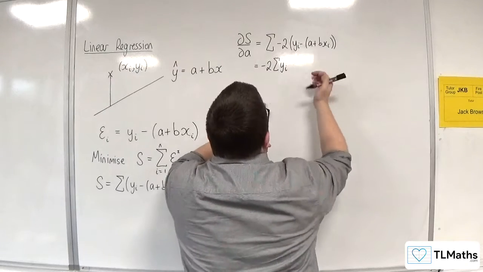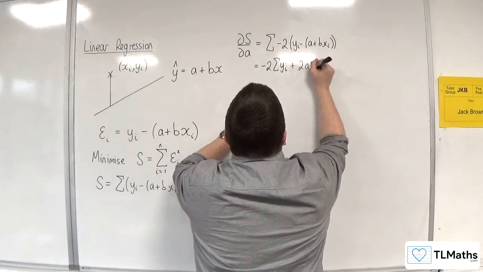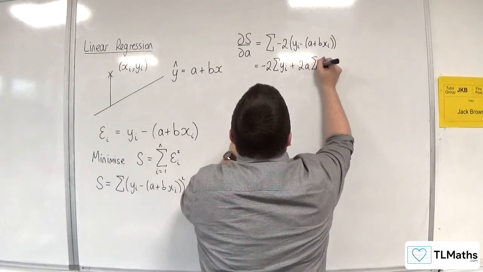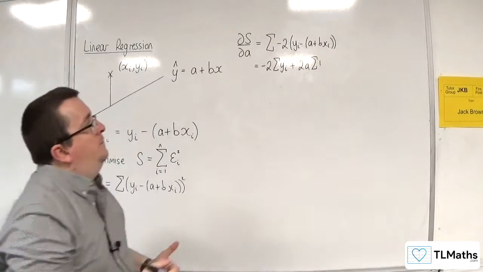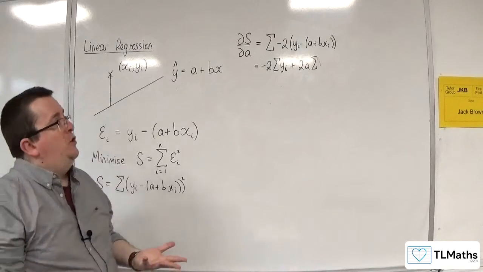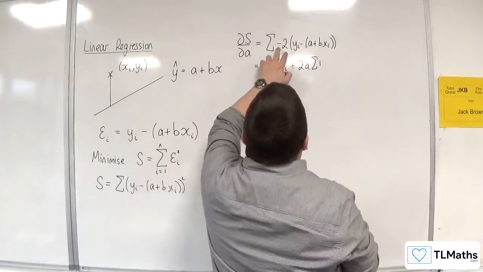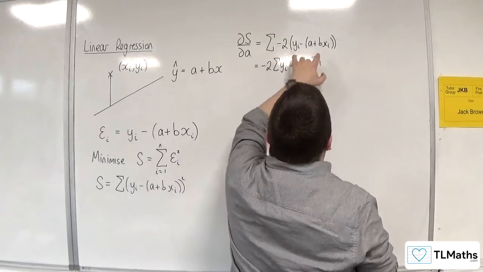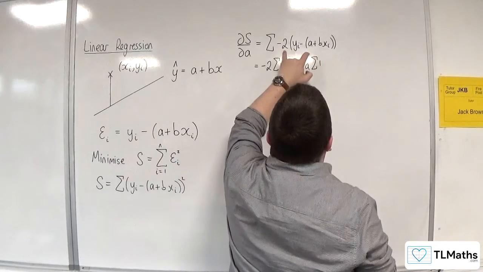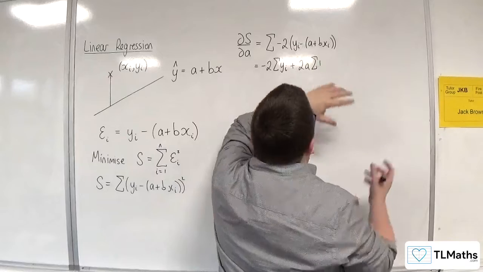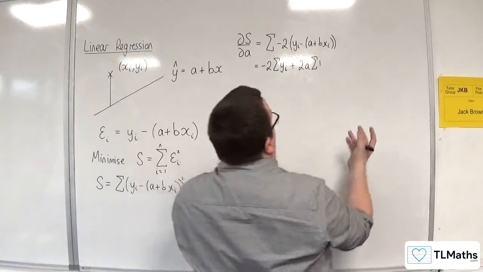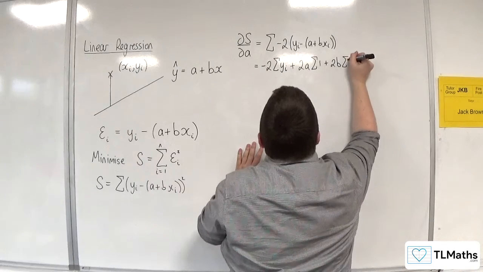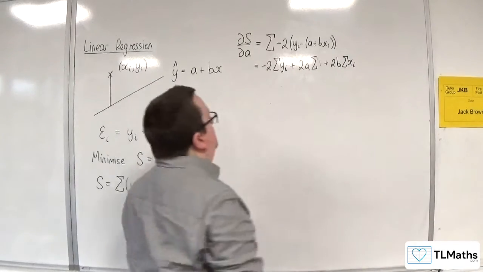And because nothing there has xi or yi involved, I can just have the sum of 1. So 2a times the summation of 1. And then we've got minus 2 times minus bxi. Now the 2 and the b can both come outside, but the xi has to remain on the right hand side of the summation. So plus 2b times the sum of xi.